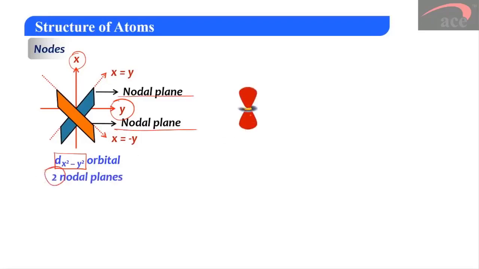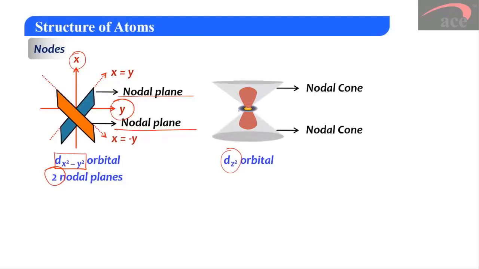In this case, dz square, this type of d orbital has a donut shape. It's a donut shape, can you see? The electron density is highly concentrated on the z axis and there is a ring-shaped electron cloud between the lobes of the orbital. In this case, again there are 2 nodal planes because the L value is 2 for all d orbitals. But here, instead of nodal plane, we use the word nodal cone.